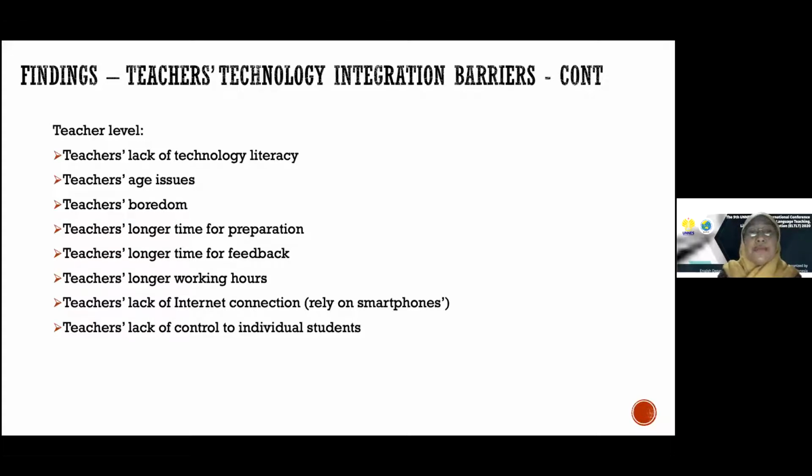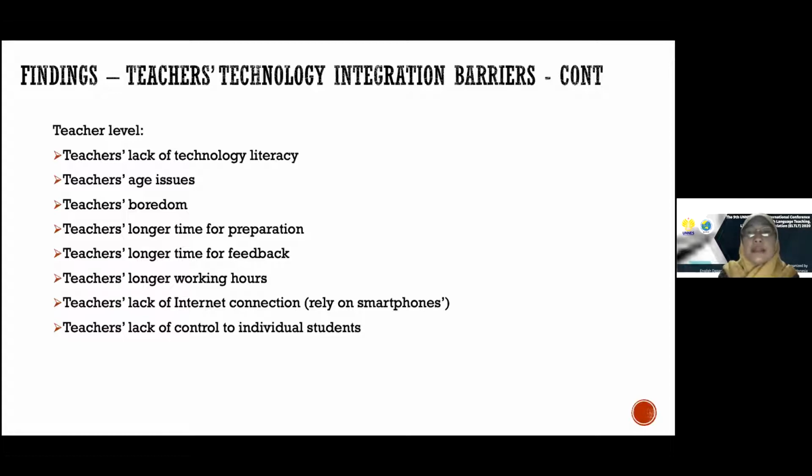So for those over 55 years old, they said that they have problems using technology. And then teachers' burden of longer time for preparation and longer time for giving feedback.